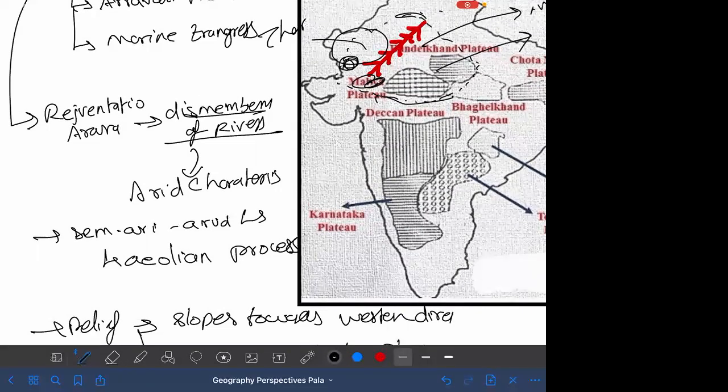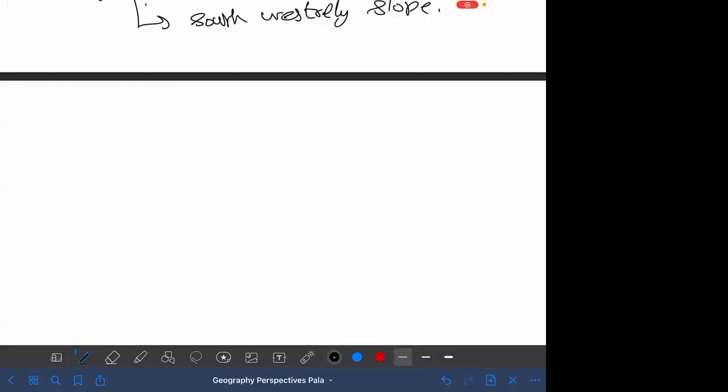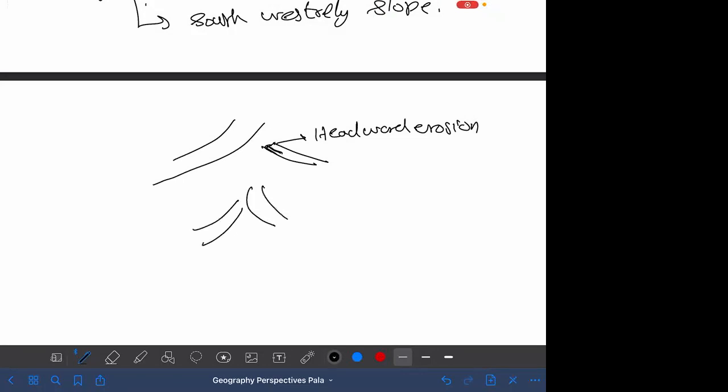River capture is a morphological concept whereby two rivers are flowing like this, and one is doing headward erosion. I think there was a question about headward erosion a couple of years back in UPSC. So this is happening, and finally the river will be captured. The earlier river was flowing in this direction, and the new river has actually captured it.